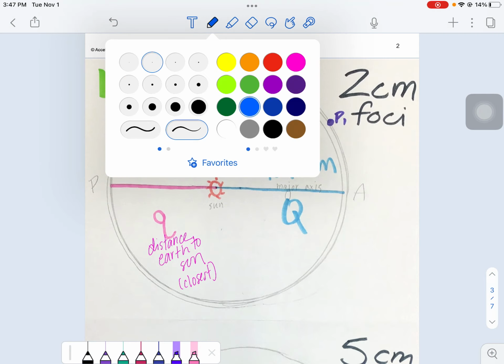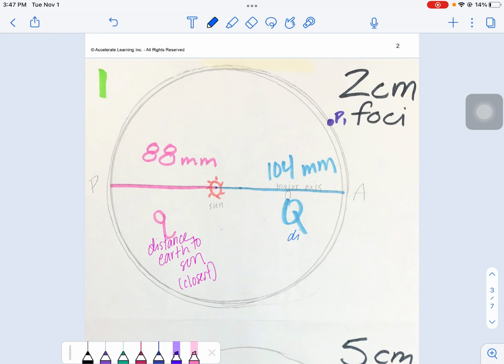And our big Q over here, again, this is a distance of the Earth to the sun, but now this is the farthest point.